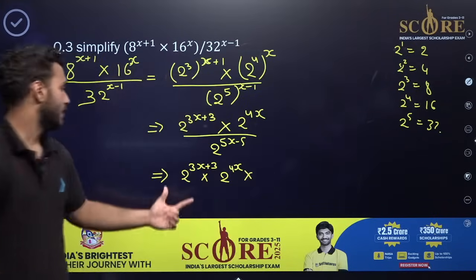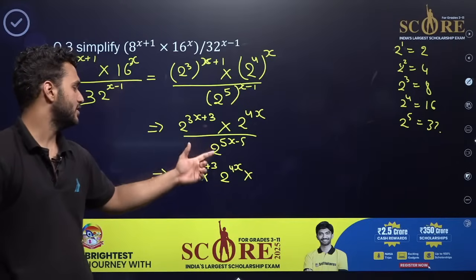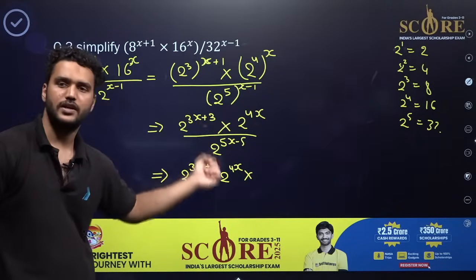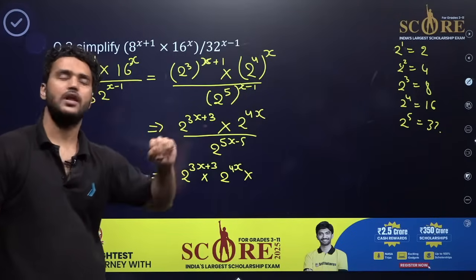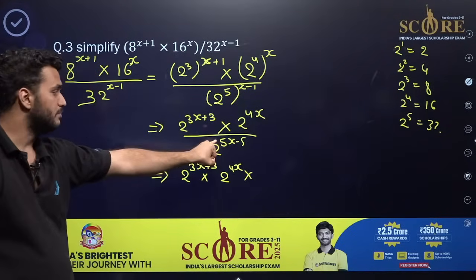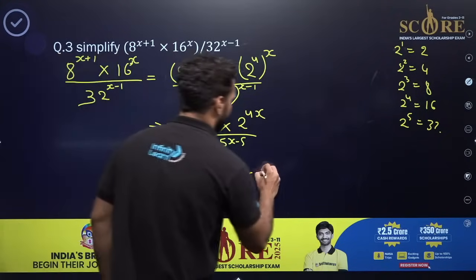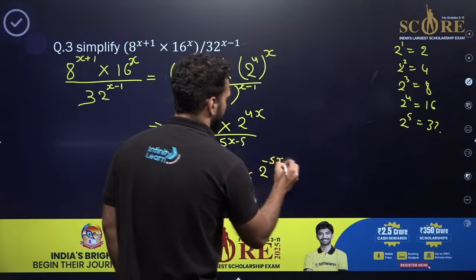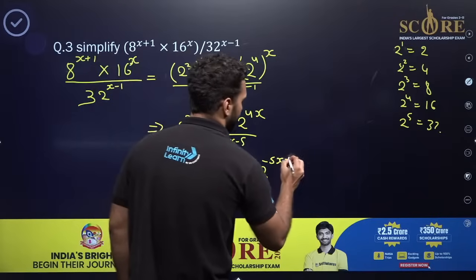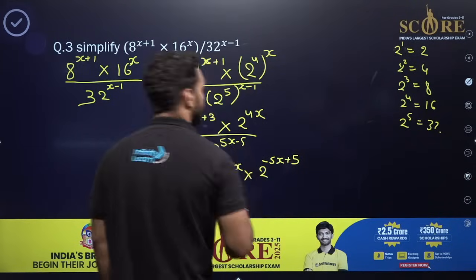These two didn't change position. They were in numerator, still numerator. Now I want this in numerator. What will happen? Sir, the sign of the power will get changed. Here we have 2 to the power 5x. This 5x becomes minus 5x. We have minus 5. This minus 5 became plus 5.